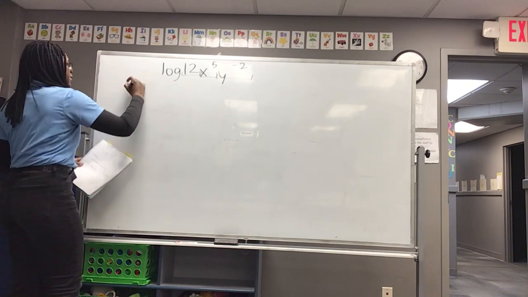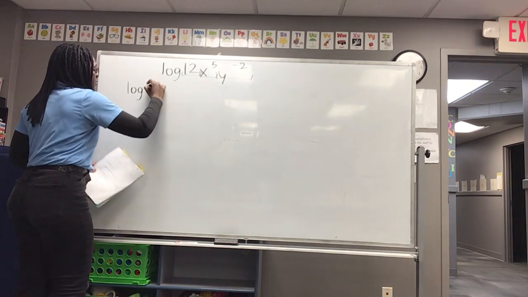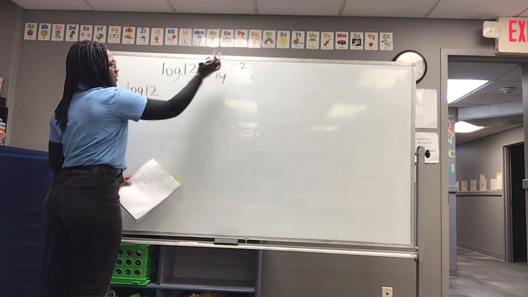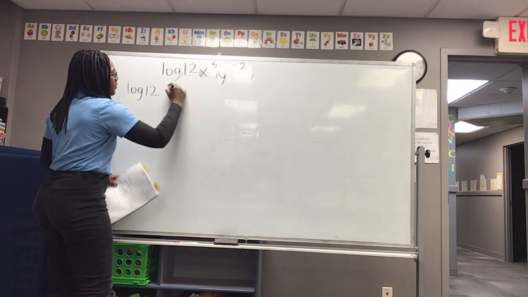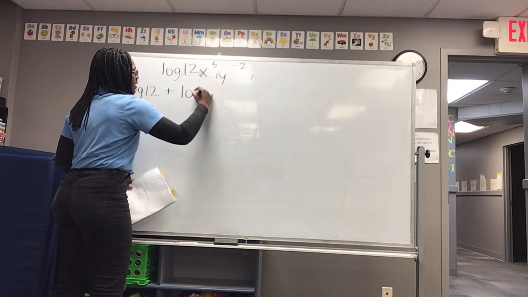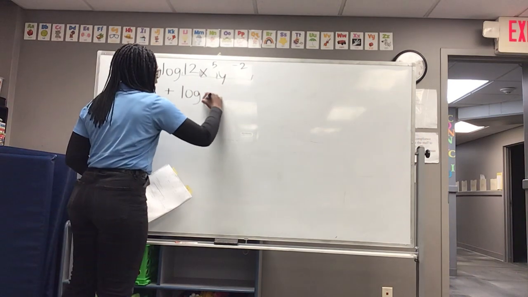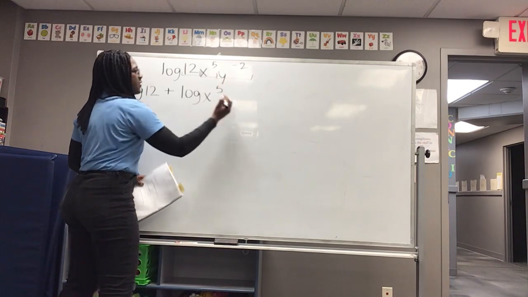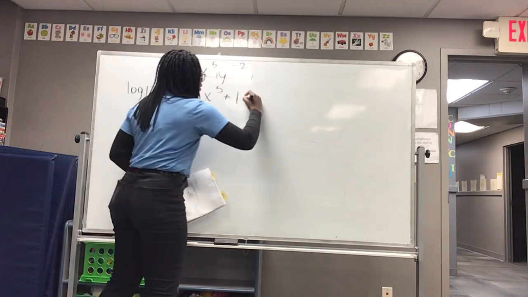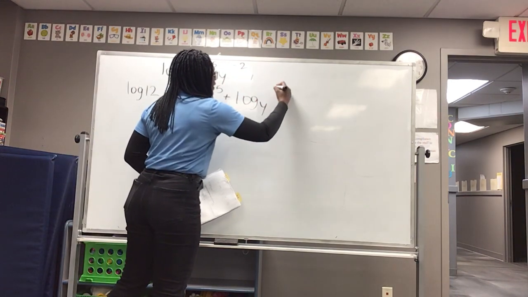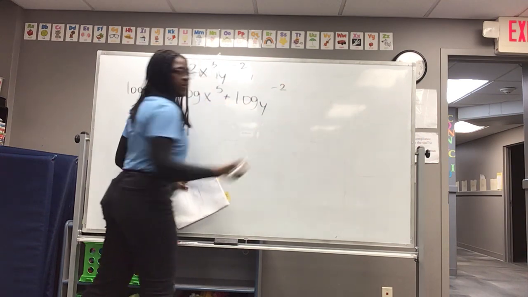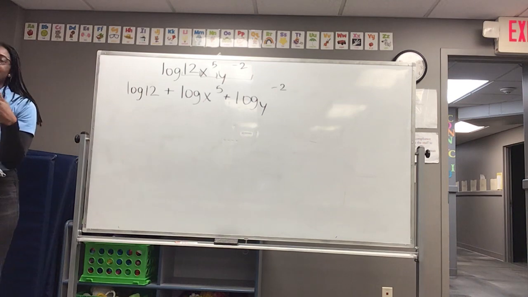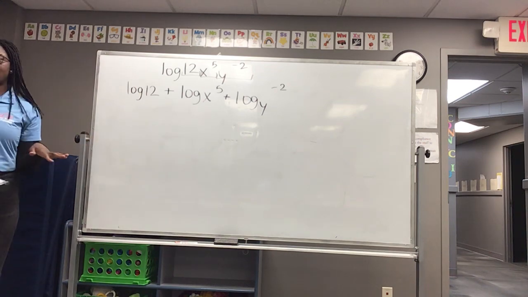So how it would look is log 12. Since we are multiplying the 12 and the x to the power of 5, it would be plus log x to the 5, and then there's one more. We are multiplying here too, so plus log y to the power of -2. And then from there, we're not done yet because we can use that third property we just talked about.